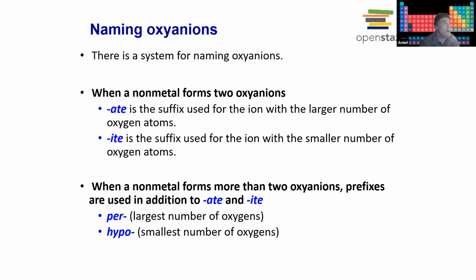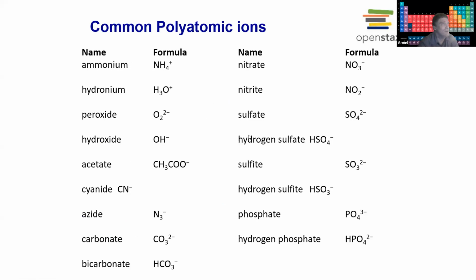We're going to talk about nomenclature. Nomenclature is very important in chemistry because there are literally millions of compounds to name. So we need to have a systematic way of naming them. So if you have a nonmetal that forms two oxyanions, let me give you an example here of nitrate versus nitrite.